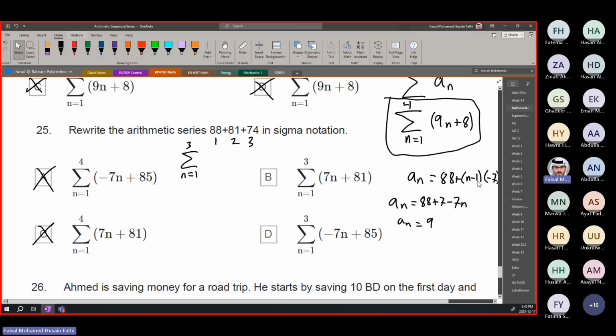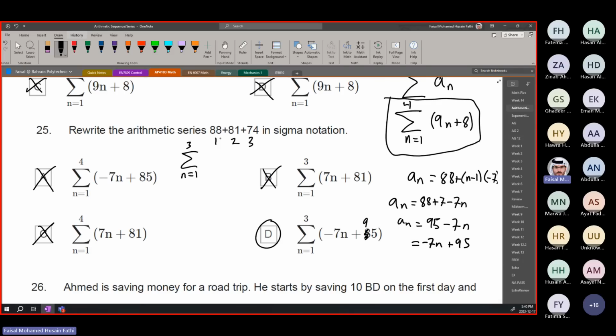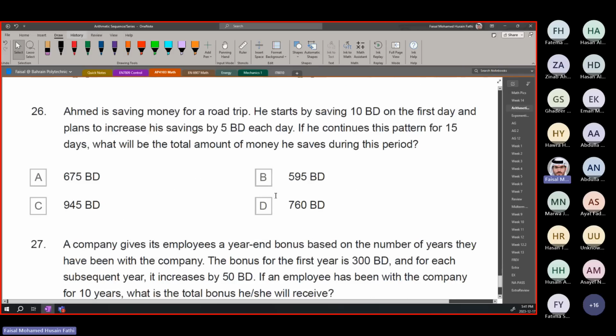It starts with 88, and it should be minus. So this is 88 plus 7, which is 95, minus 7n. There is a mistake in the solution. So it's going to be minus 7n plus 95. This is supposed to be 95. This one is wrong because the n is minus. There's a mistake in the solution.